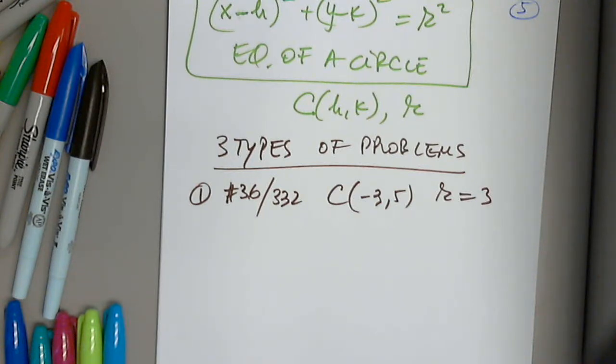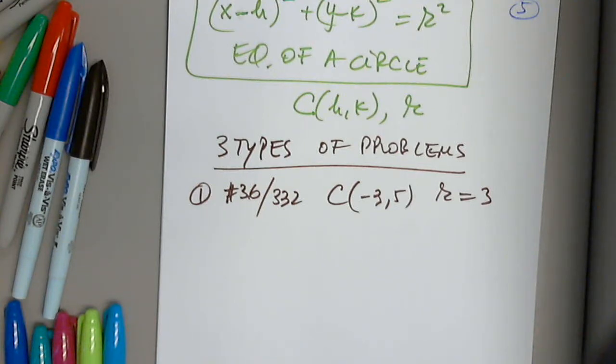Can anyone give us an idea of what to do, how to get the equation of this circle with the center at -3, 5, and the radius of 3? The radius is 3. You can add 3 vertically or horizontally when we graph it, but right now we want to find the equation. Amanda? So h and k is the center, so you would put in -3 for h. Exactly.